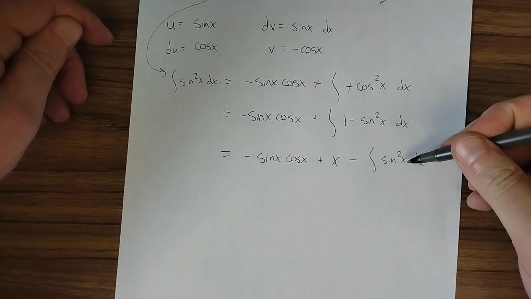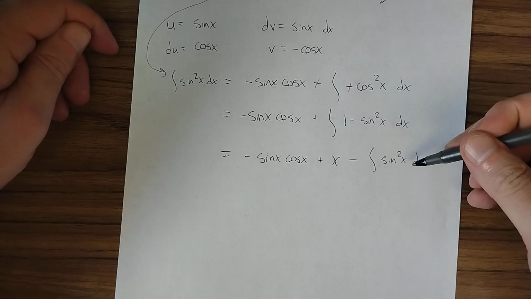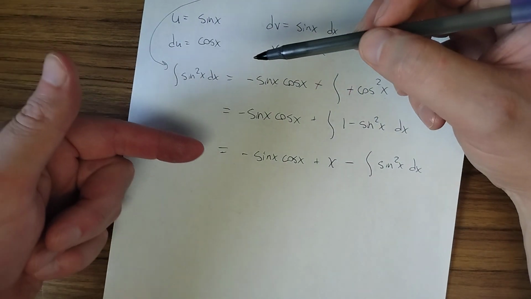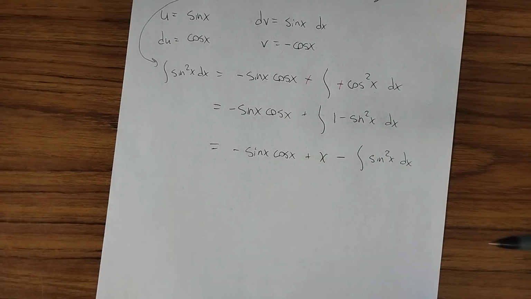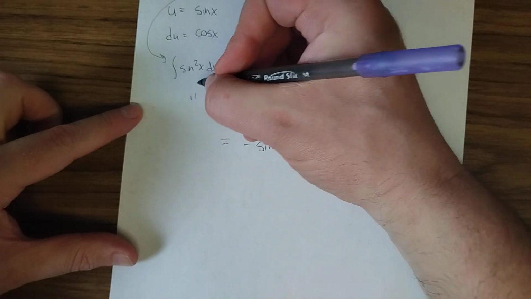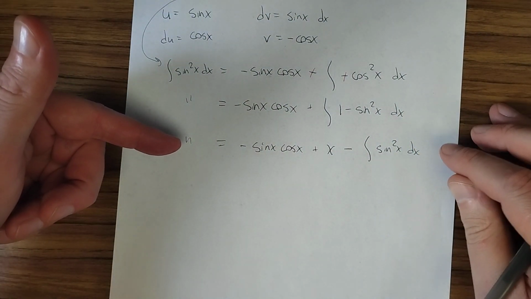And the other one is sine squared x. So we just did this strange thing again where I started with the integral of sine squared x. I come up with something that also involves the exact same thing, so let's solve for it. And by the way, the left-hand side is still the antiderivative of sine squared.